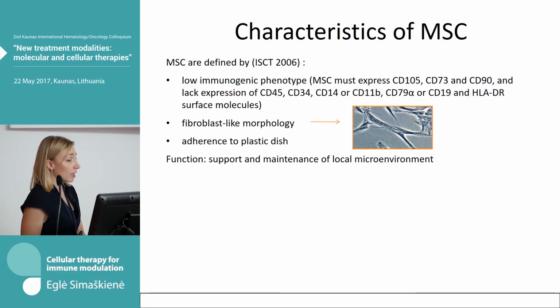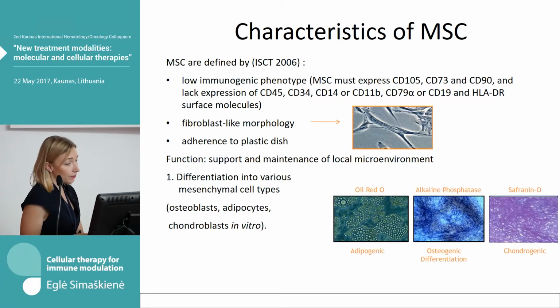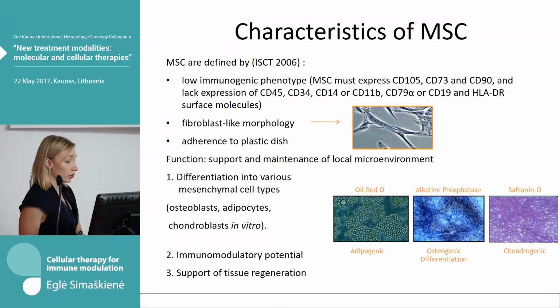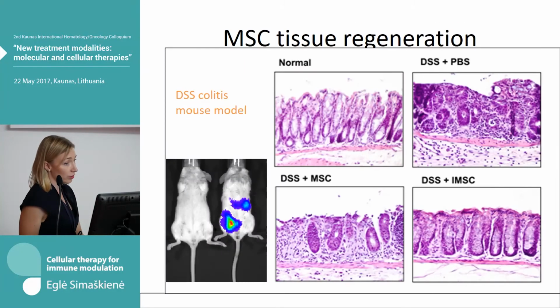They have fibroblast-like morphology, and they can adhere to plastic dishes. Among the main functions are differentiation into various mesenchymal cell types, as I mentioned: osteoblasts, adipocytes, and chondroblasts. These MSCs have immunomodulatory potential, and they also support tissue regeneration.